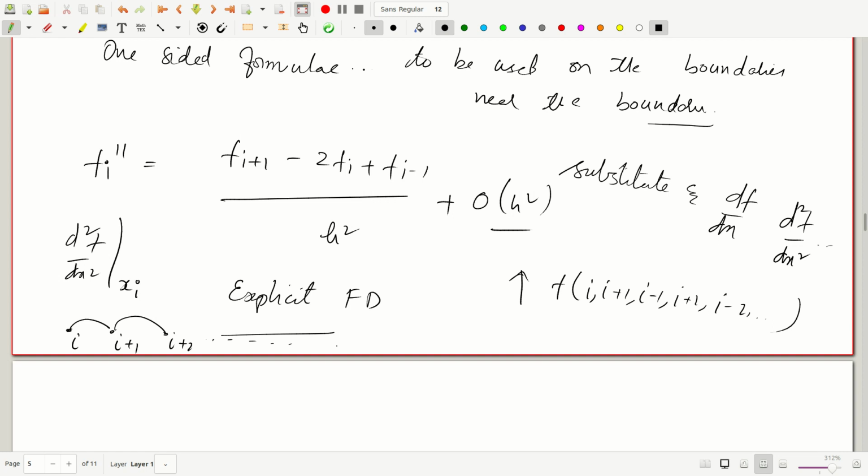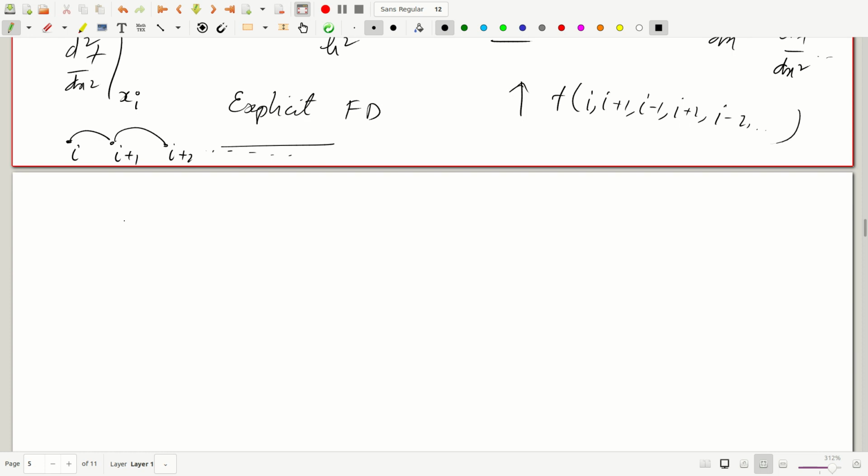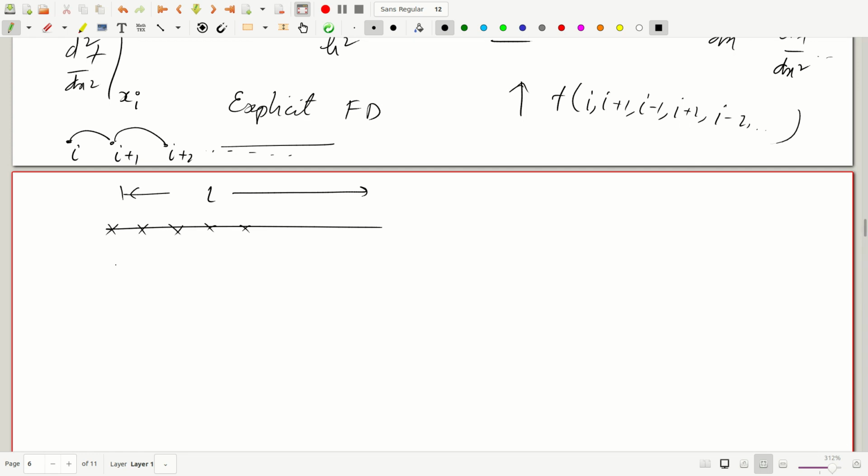So that's why these are called explicit finite difference formulae. Now, how do we go about parallelizing them? Let us say we have a 1D domain, and then we have several points. We have a domain length of L, and grid points 0, 1, 2 all the way to n. Let us say we know the function form analytically, for example f of x equals sin x by x cube or something.